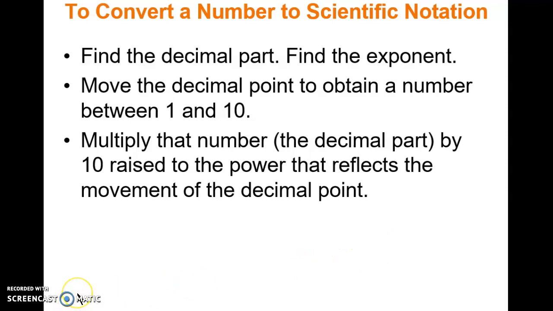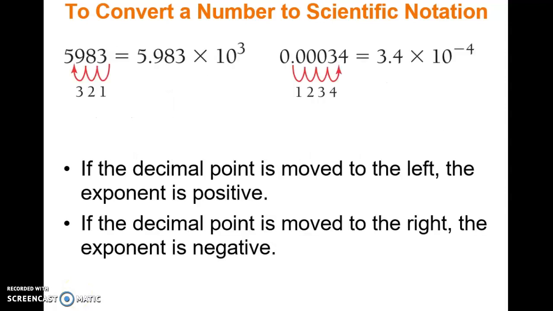All right, so when you are converting into scientific notation, basically what you're going to do is you're going to look at the number that you have, whether it's a really large or really small number, and you're going to move that decimal to the right of the very first non-zero digit. So in this number here, 5983, I know that I'm going to want to have my decimal here in this place. Okay, so I need to look and see how many places I had to move it over.